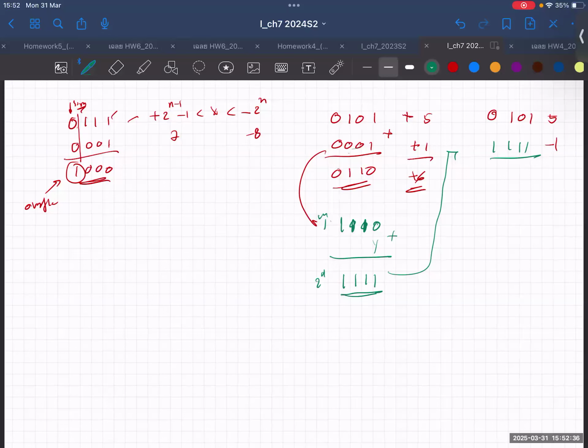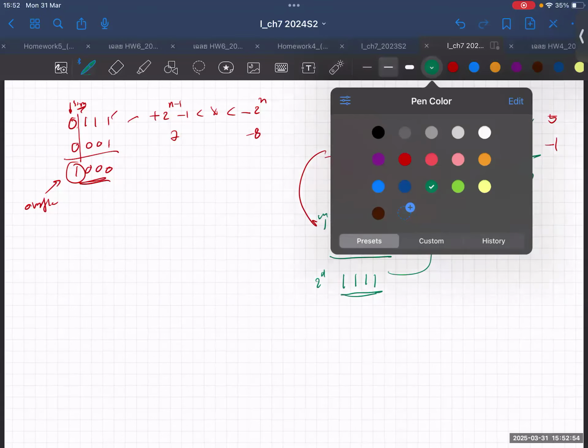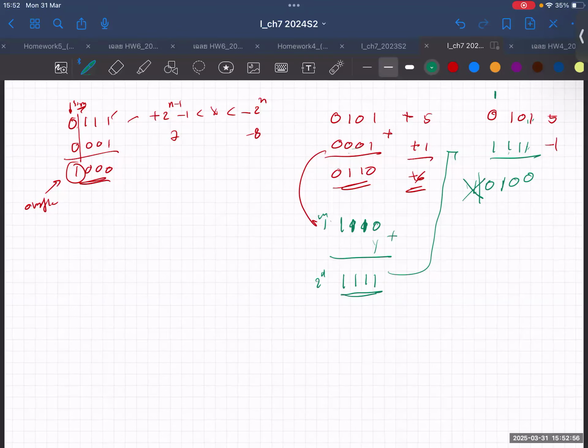Then add them together directly. You can see that the carry goes out, and we are in the 4-bit 2's complement system, so this extra bit doesn't count, right? But you can see that the result is positive and is +4. So the output will be +4 according to this. Okay.